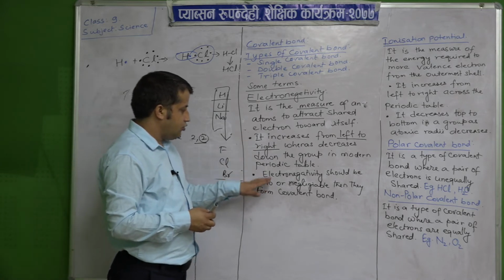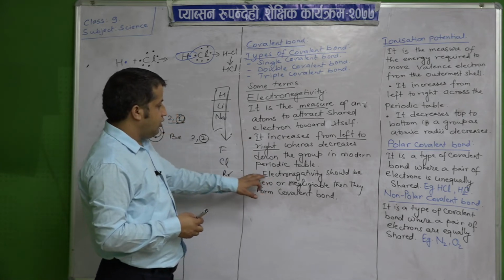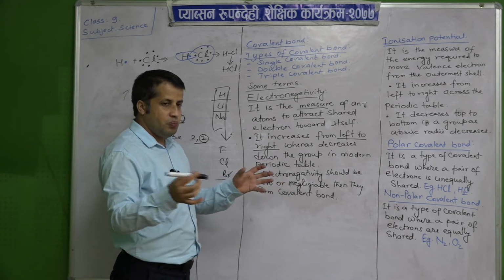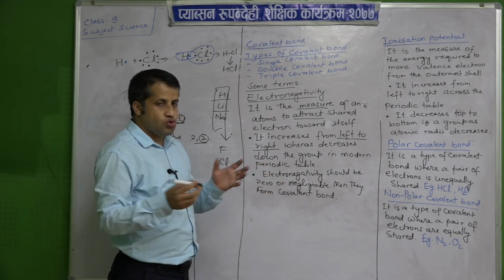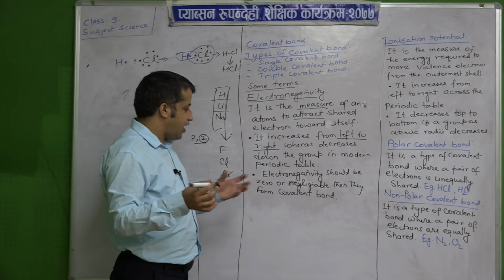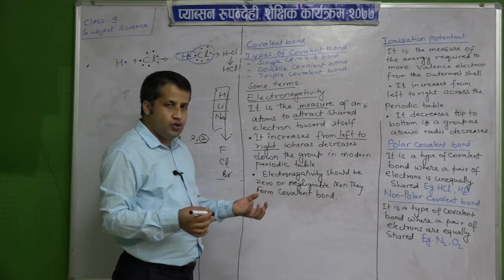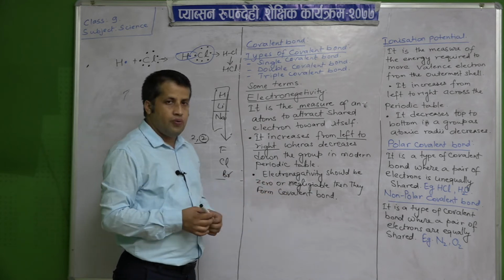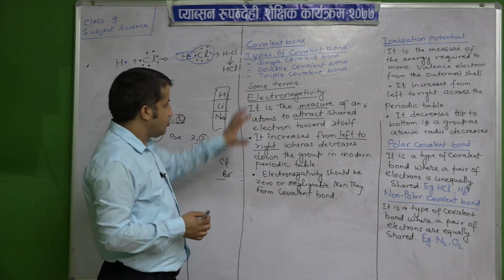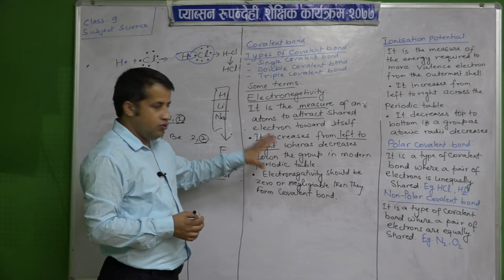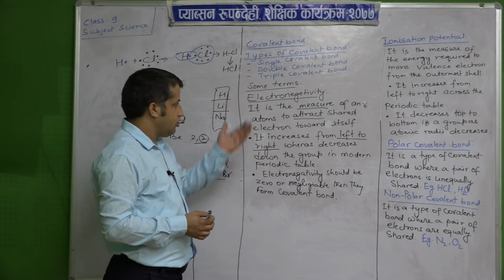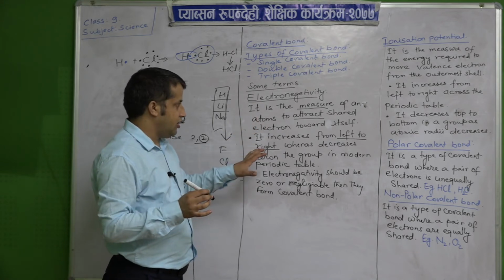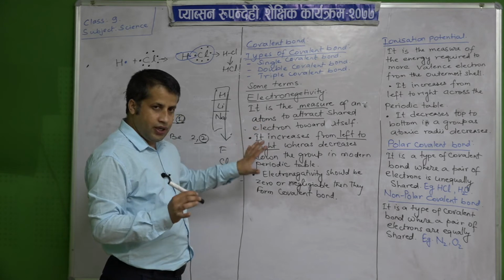I have told you that the difference between the electronegativities should be 0 or negligible, as far as possible, to form a covalent bond. So this is one of the new terms you are learning, electronegativity. Try to understand it.